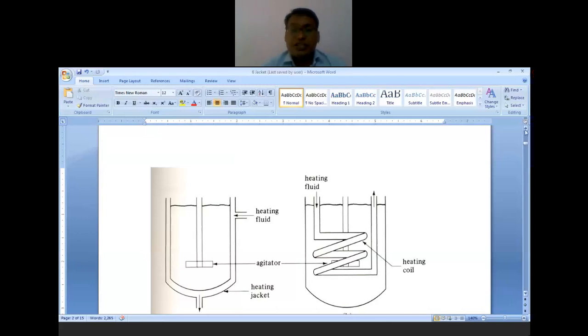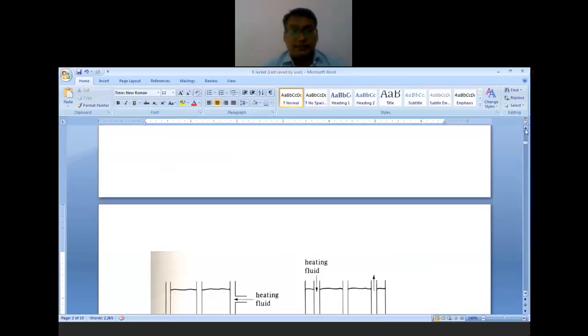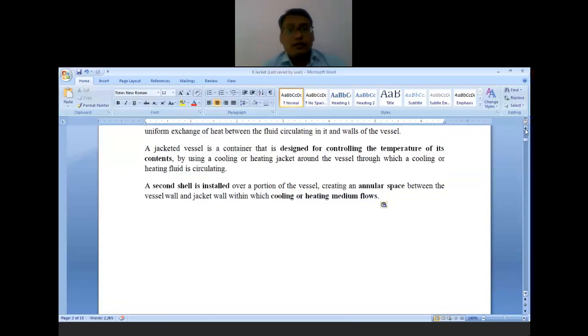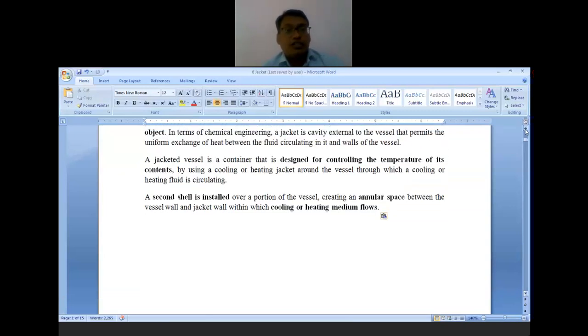So this is a jacket in the general case, or in other terminology, a jacketed vessel is a container that is designed for controlling the temperature of its contents. Basically, the purpose is to control the temperature by using cooling or heating media around the jacket.